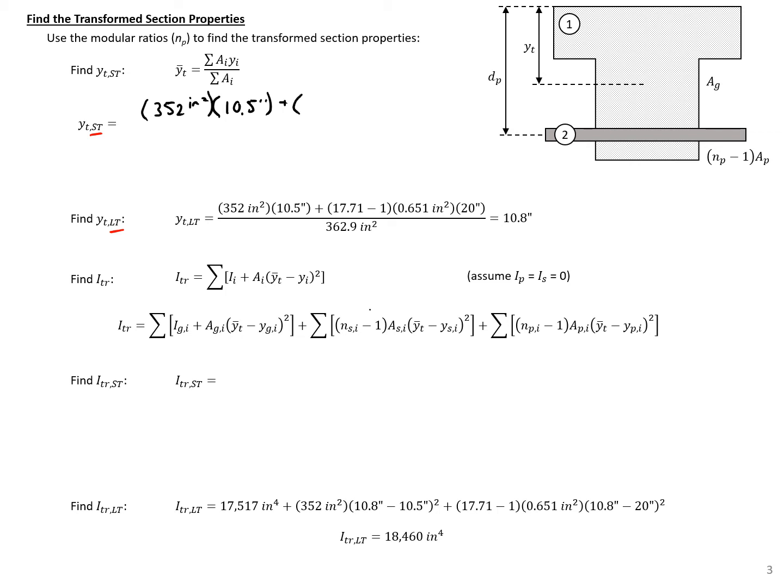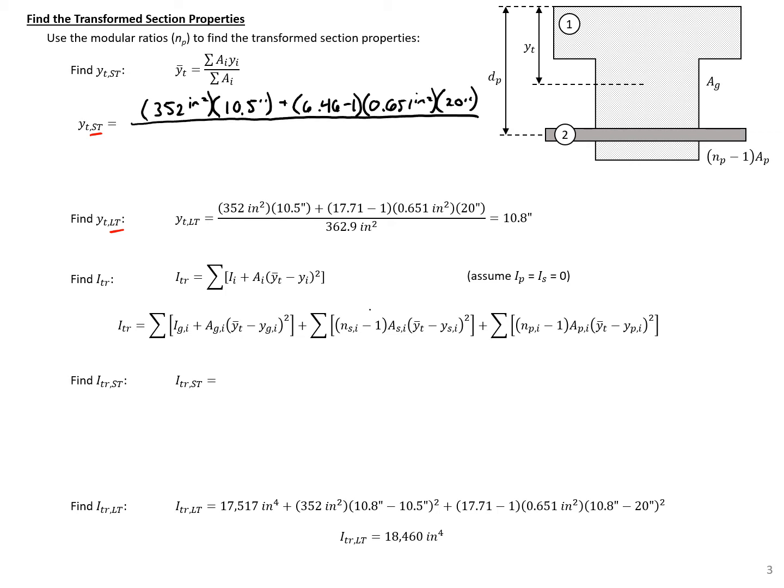Then we add in 6.46 minus 1 times our pre-stressed area, 0.651, times the distance between the top and the centroid of our pre-stressing, which is going to be 20 inches.